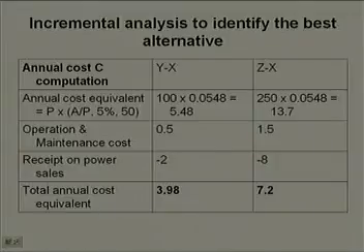So the difference is 100 million. So this 100 million I will try to calculate in annual terms. In the same manner, I will multiply this with A given P, 5% interest rate, 50 years duration. So I am getting annual cost equivalent corresponding to 100 million is 5.48.